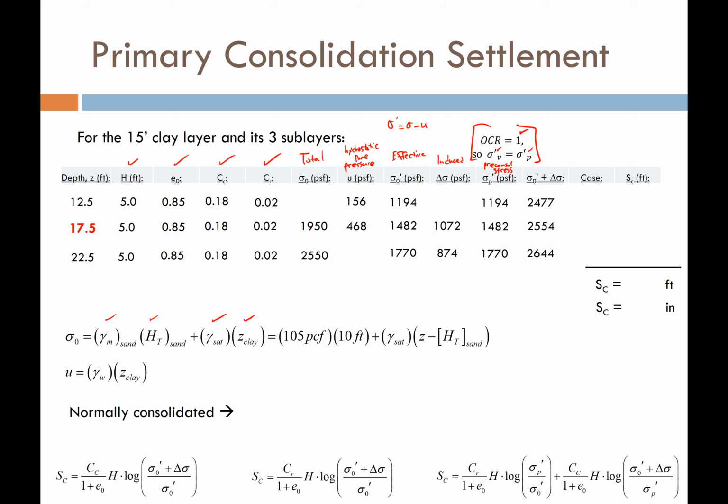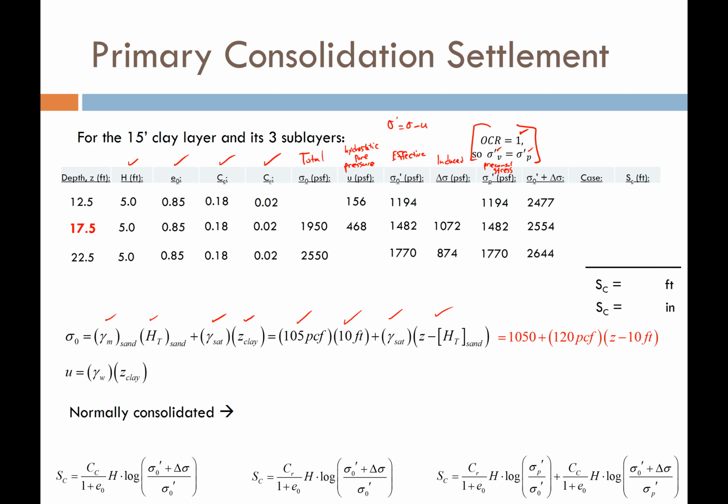So I'm just filling in values now. I have 105 pounds per cubic foot times 10 feet plus the saturated unit weight of the clay, which was given to us, times the depth from the ground surface minus the thickness of the overlying sand.